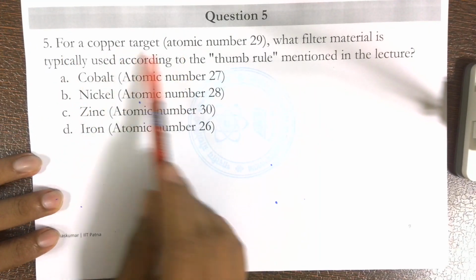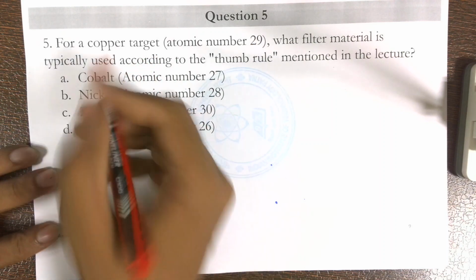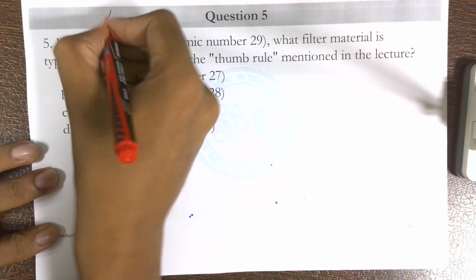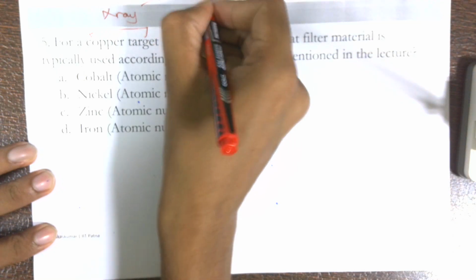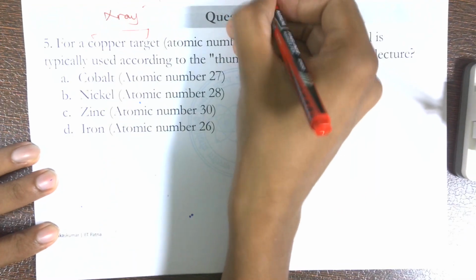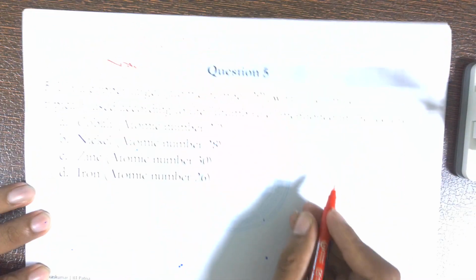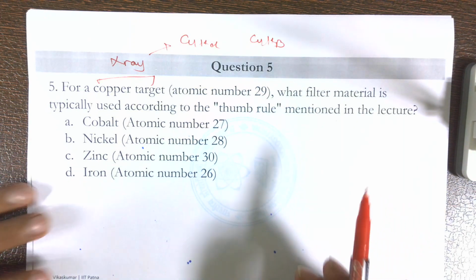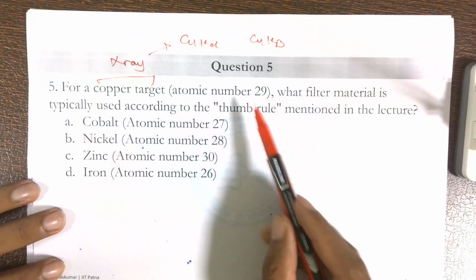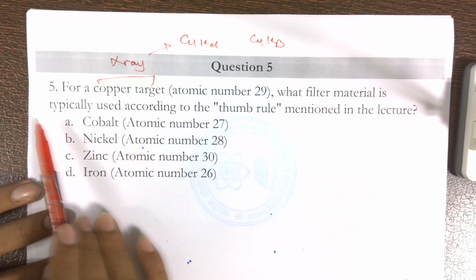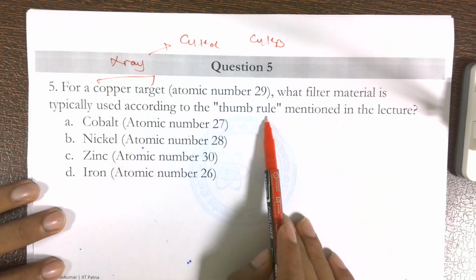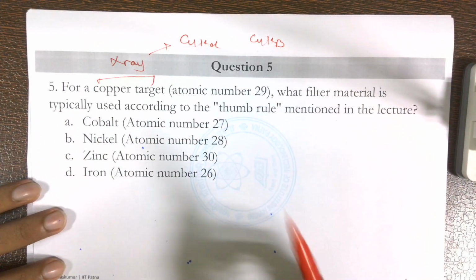Let's say we have the copper target. The target is from where we are going to generate an X-ray. So we will get the copper K alpha and the copper K beta. Now, for a copper target, what filter material is typically used according to the thumb rule mentioned in the lecture?